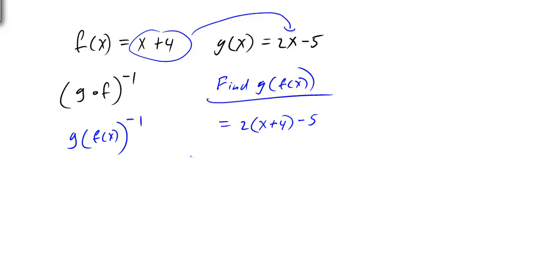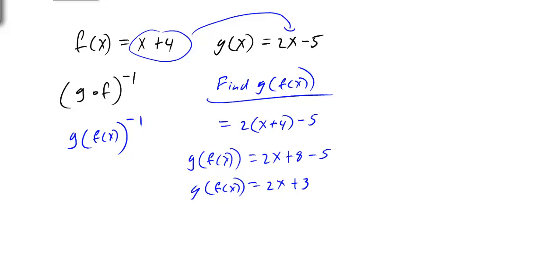So then that means g of f of x is going to be equal to 2x plus 8, distribute the 2, minus 5. So we would have 2x plus 8 minus 5. So 8 minus 5 is 3. So we have 2x plus 3. So this here is our g of f of x.